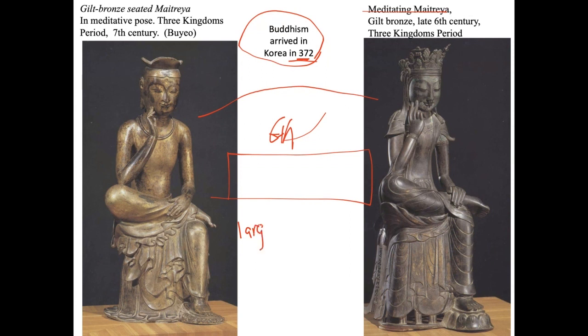We don't have colossal statues from 3 kingdoms period, but based on the 2 examples of Maitreya, you can imagine how ornate and how advanced the main statues of Buddhist temple might have been, you can guess. So these are both about 3 feet high, but they are usually placed on a high podium or altar, so it looks a lot larger.